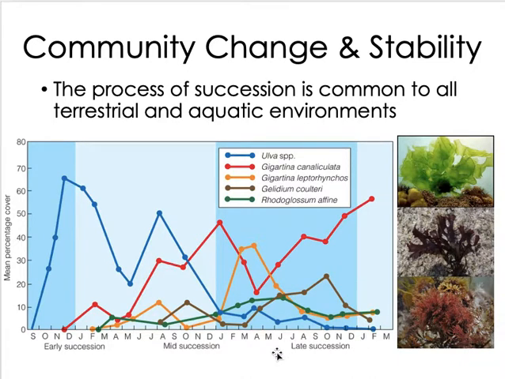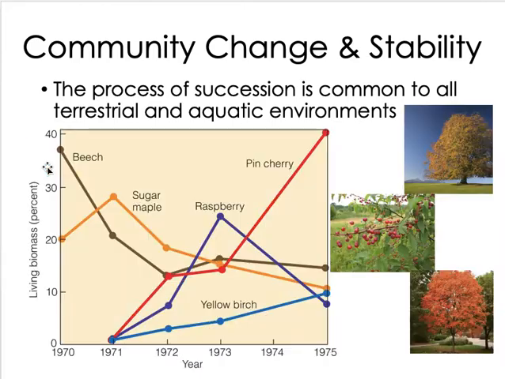So, pwedeng ganun ang mangyari. So, the condition in the late succession favors the increase in the population of the Gigartina species as compared sa early na mas marami ang Ulva. In terrestrial environments, ito din, in different trees or small tree species, usually that is in winter.